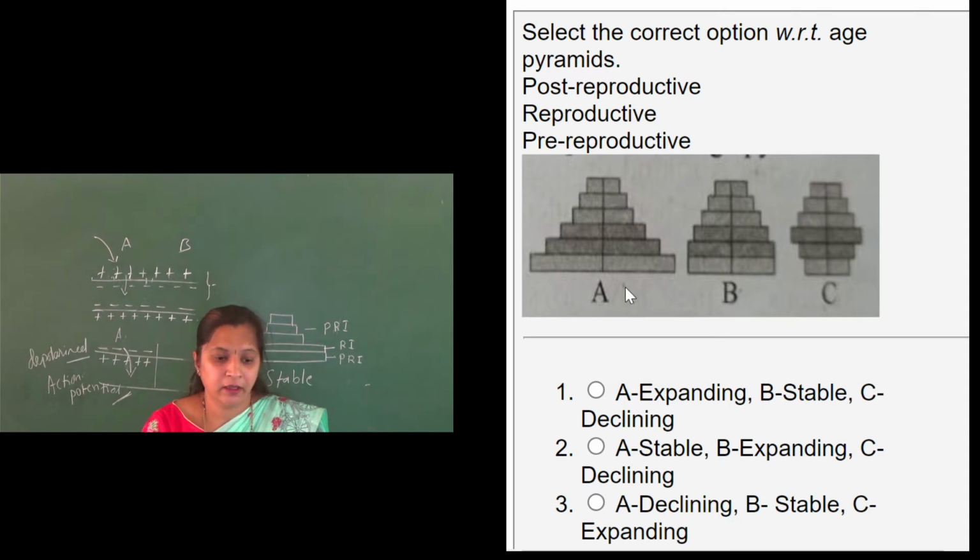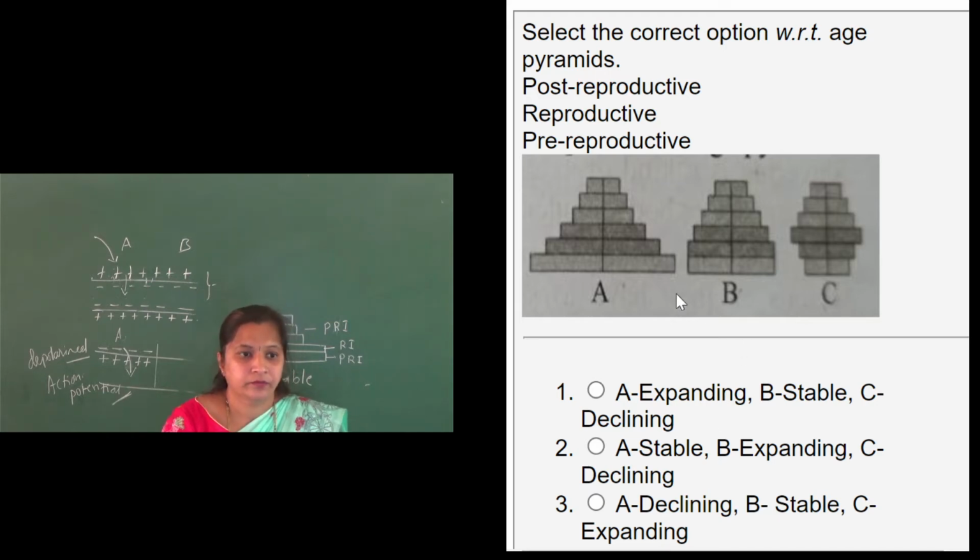This indicates an expanding population. Why? Because the pre-reproductive age group people are more, so more and more people will enter into the reproductive age. So this age pyramid shows a rapidly growing human population. So A is an expanding age pyramid.